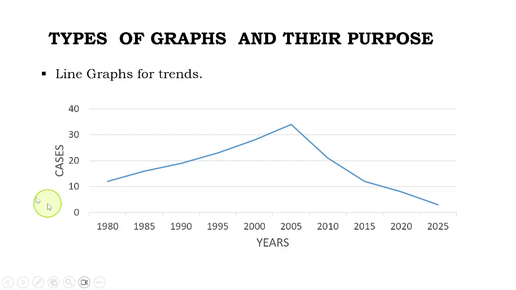So it is very clear from the graph that the disease cases start to rise from the year 1980. It continues until towards the end of 2005, and from here it drops down until the year 2025.